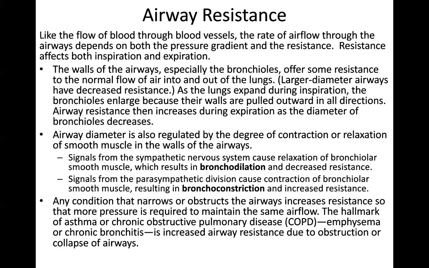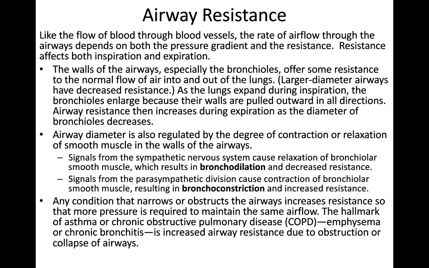Now, like the flow of blood through blood vessels, the rate of airflow through airways depends on both pressure gradients and resistance. So we talked a lot about resistance in our blood vessels lecture. Systemic vascular resistance, we learned, is inversely related to the flow of blood. Well, we have airway resistance, kind of the same concept, except it's not blood that's flowing, it's air.